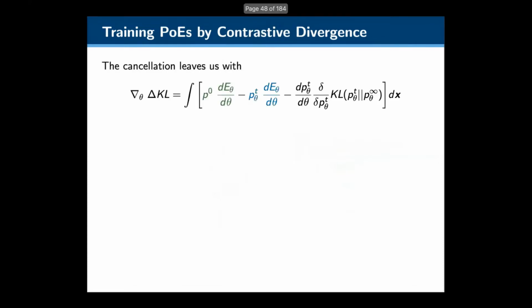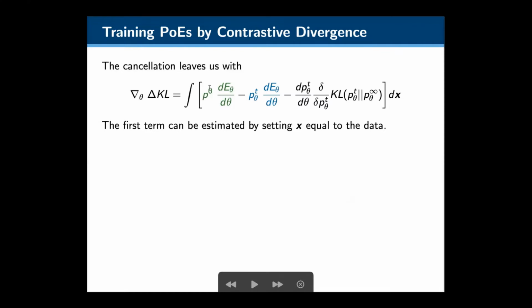This cancellation leaves us with this objective. It contains three terms: green, blue, and black. The first term can be estimated by setting x equal to the data. This is the data distribution, and this gradient is tractable to evaluate.